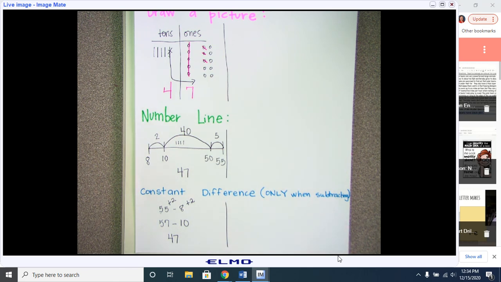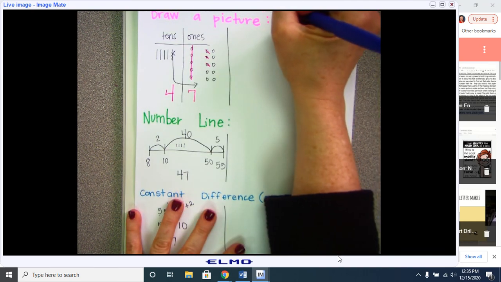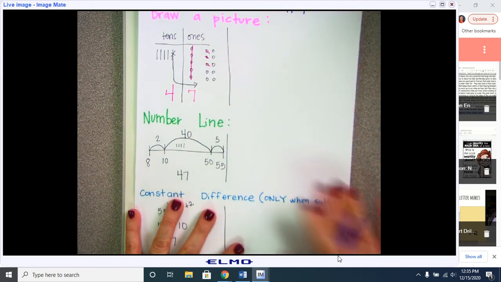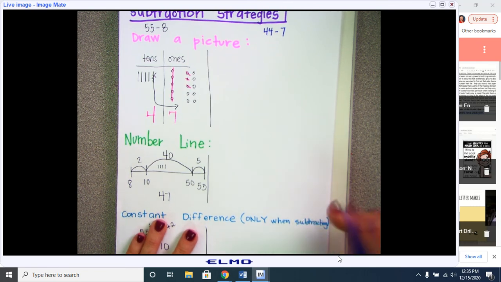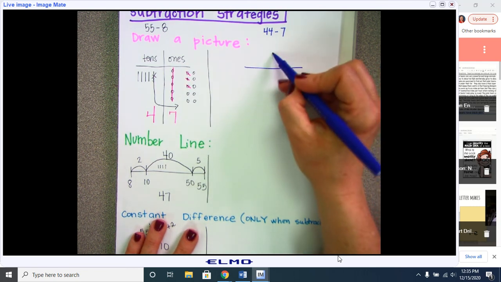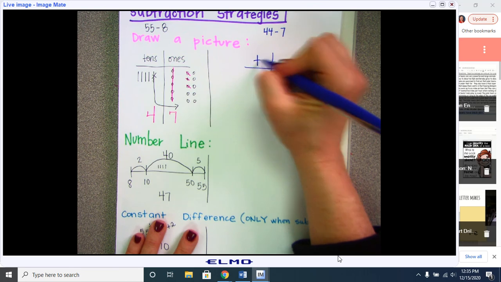All right. I'm going to do this with one other problem, and I'm going to use a blue marker. On this problem, I'm going to do 44 minus 7. Okay, so the first thing I'm going to do is draw a picture. 10s and 1s.